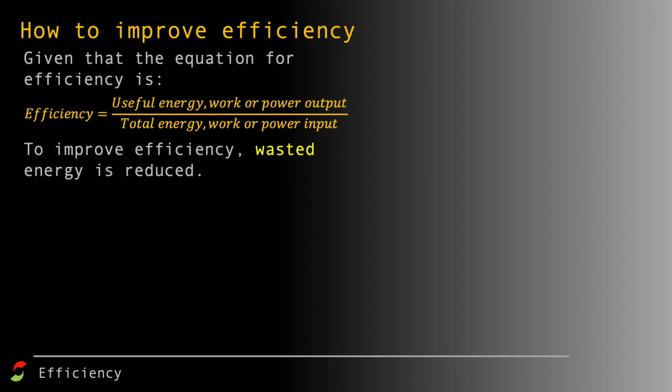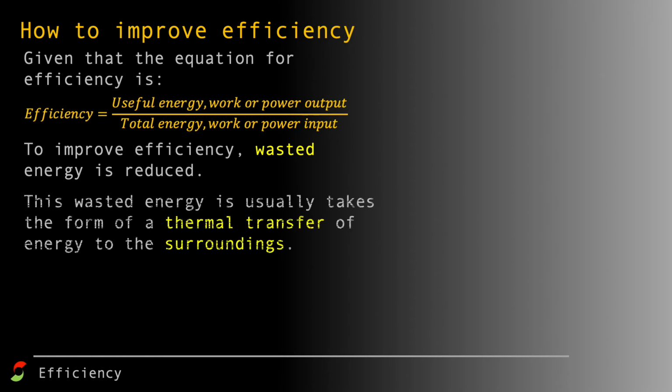Well, the only answer to this is to reduce the wasted energy. And you need to understand where that wasted energy goes. So that wasted energy is mostly in the form of a thermal transfer of energy to the surroundings. And the key words there are wasted, thermal transfer, and surroundings.